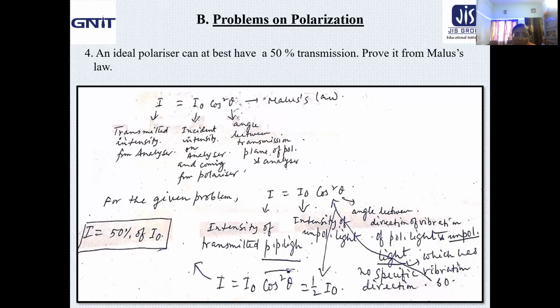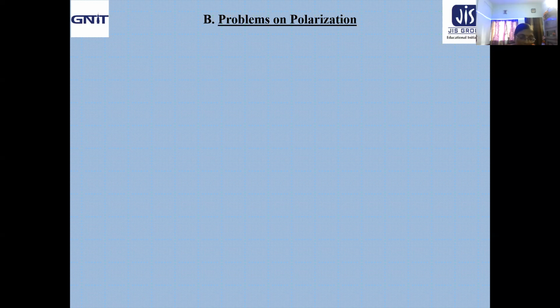Very, very important conclusions. Actually, through Malus's law you have found it out, but these conclusions can be used in questions too. So be careful, and I hope all of you understand. Okay, let us now apply this to the next problem. What about that?